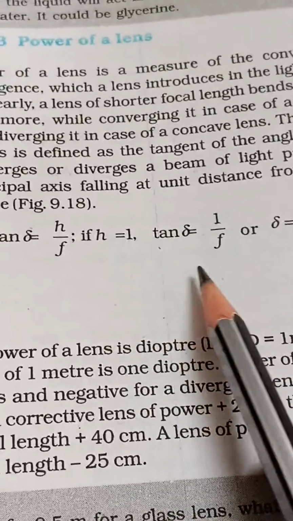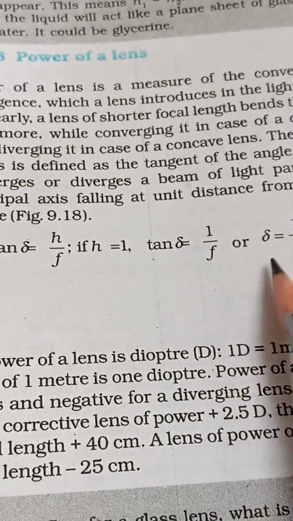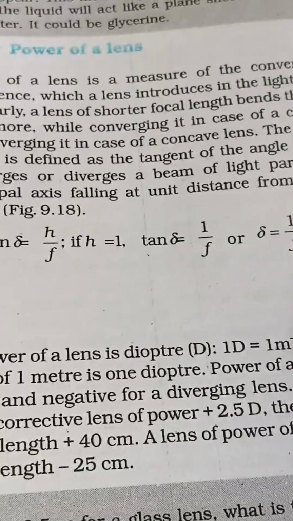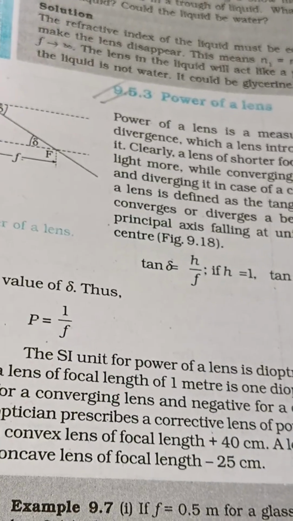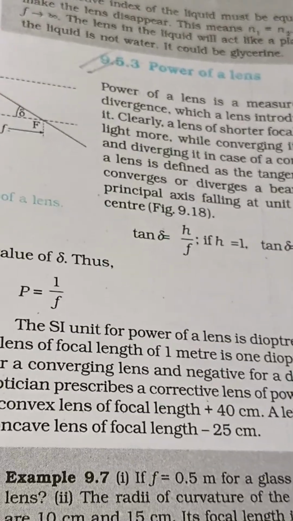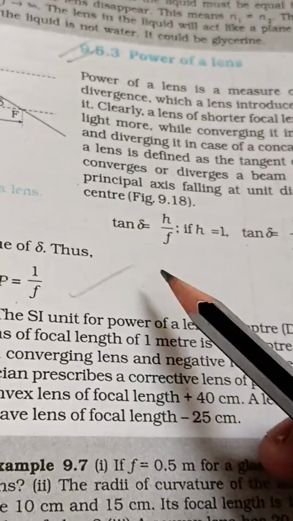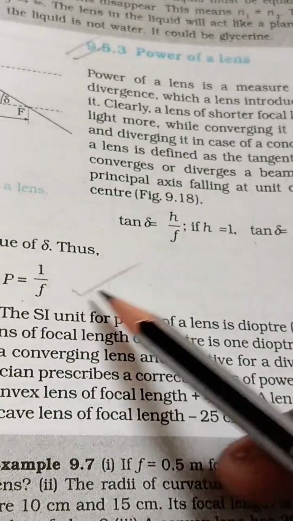If h is equal to 1, then tan delta is 1 upon f, or delta is equal to 1 upon f for small values of delta. So P is equal to 1 upon f, where we can define power as equal to 1 upon focal length.